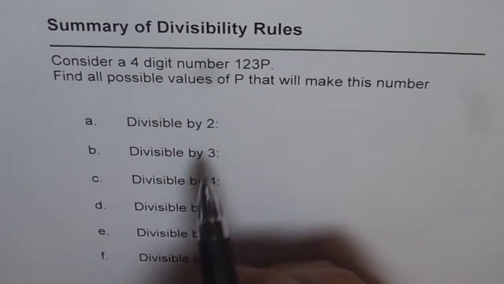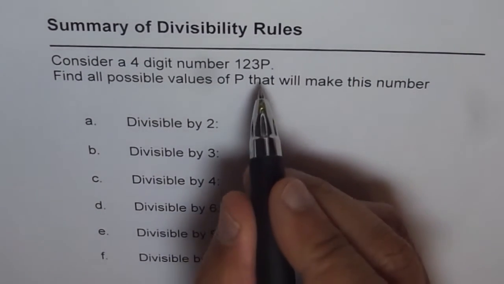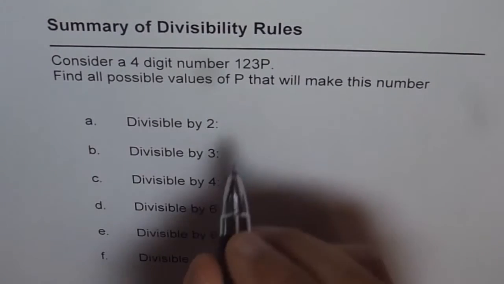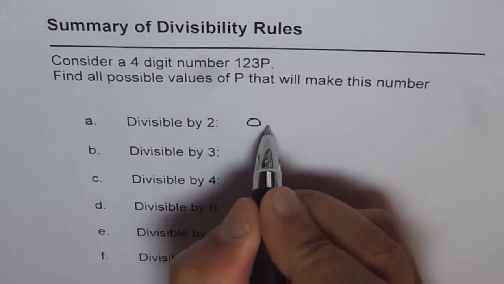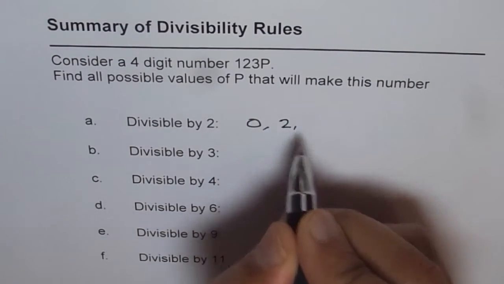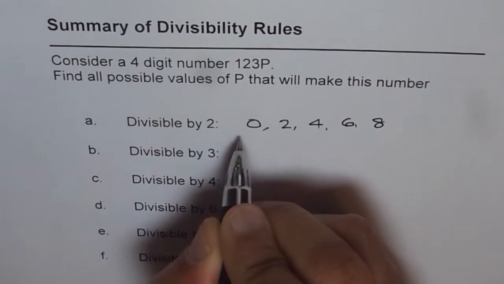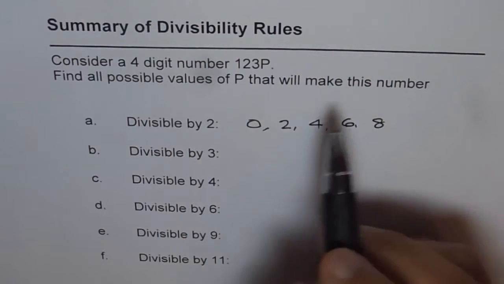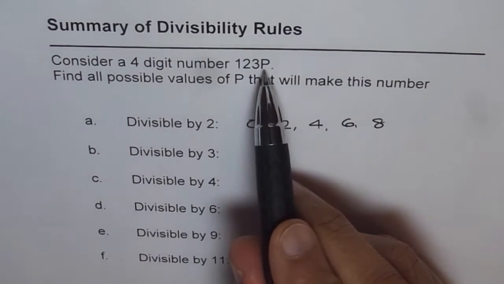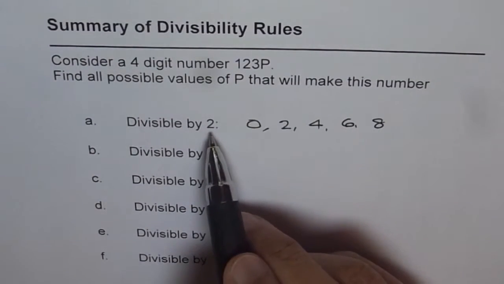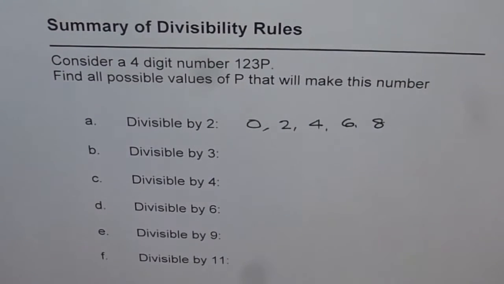In that case, P should be an even number, right? So P could be 0, 2, 4, 6, or 8. These are the possible values which P can have so that it is divisible by 2. So those are the answers for the first one.